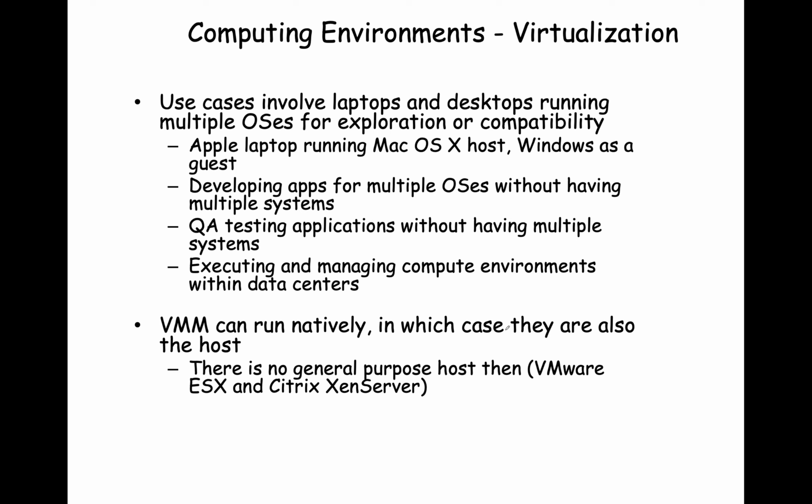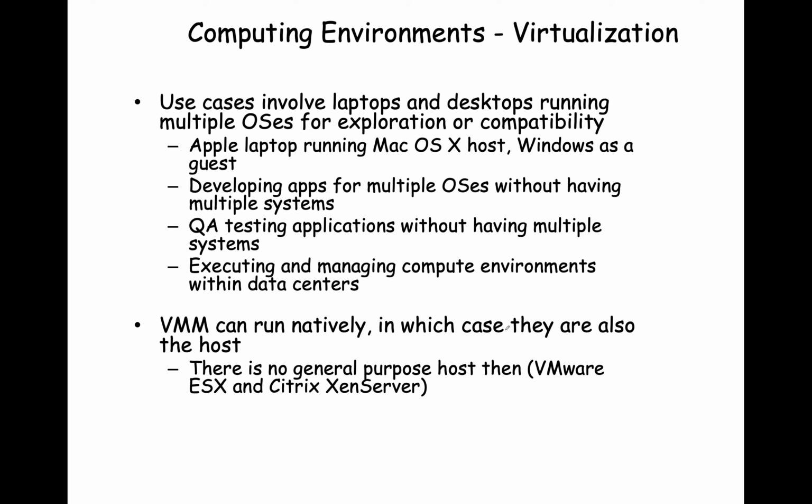And in fact, Amazon Cloud Services presents virtual machine instances so that you can run multiple platforms that you can access across the internet, but you pay for that time. And so a virtual machine manager can either run as a process, but there are some cases where you want them to be very, very fast, and they can run natively on the hardware. So in that case, there is no operating system.